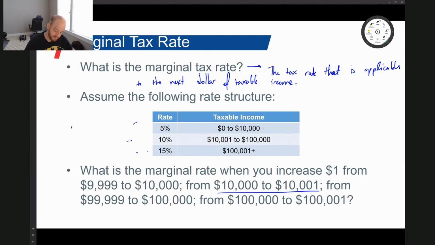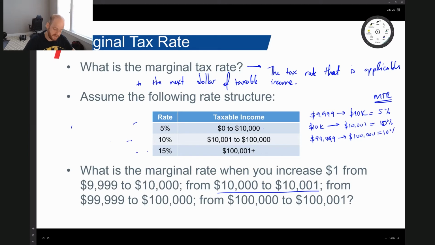So if you go from 9,999 to 10K, your marginal tax rate is 5%. If you go from 10K to 10,001, your marginal tax rate is 10%. If you go from $99,999 to $100,000, your marginal tax rate is still 10%.